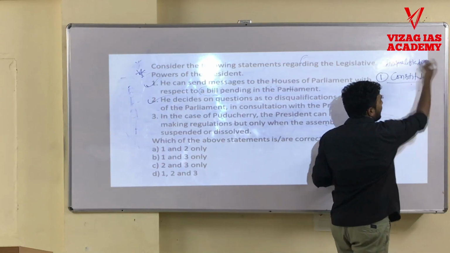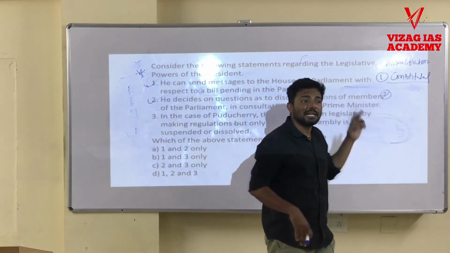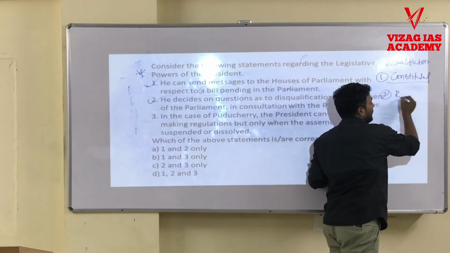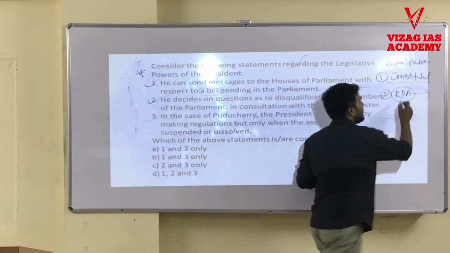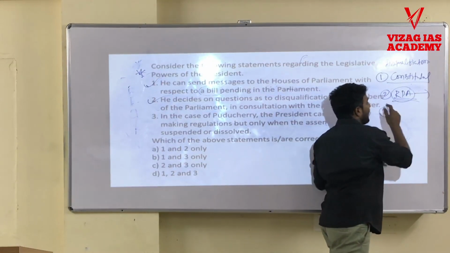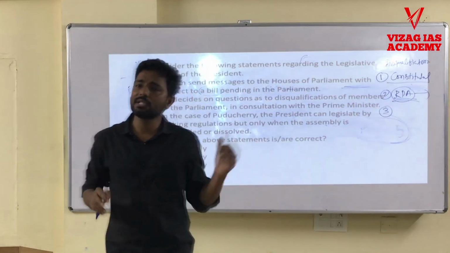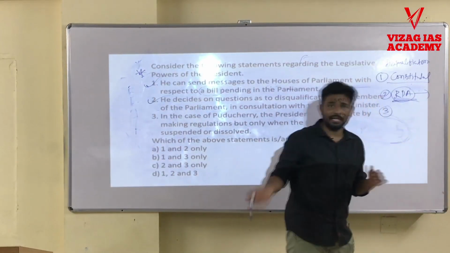Certain disqualifications are constitutional; they have their roots in the constitution itself. The other are the RPA disqualifications. These are legislative disqualifications based on the RPA, the Representation of People Act, which has provided certain grounds on which it disqualifies certain members.